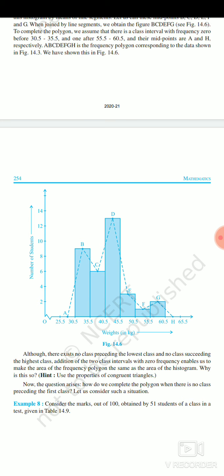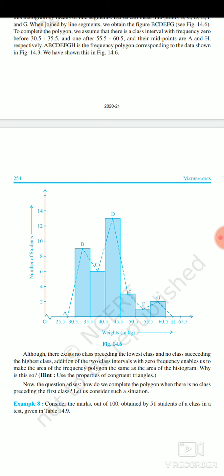Similarly, the average of 55 to 60.5 is 58, and exactly 2.5 you are going to add, that is 58 plus 3 is 63. You need to stop at 63. So from A to H.